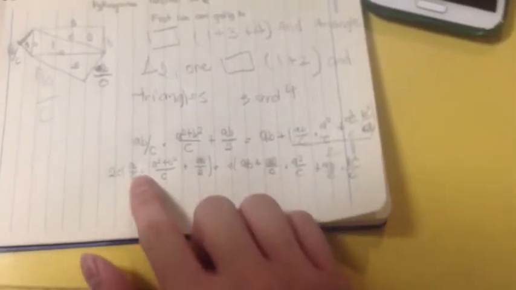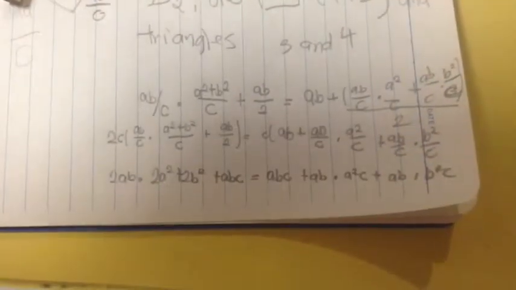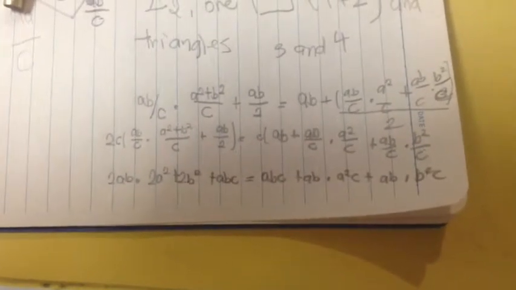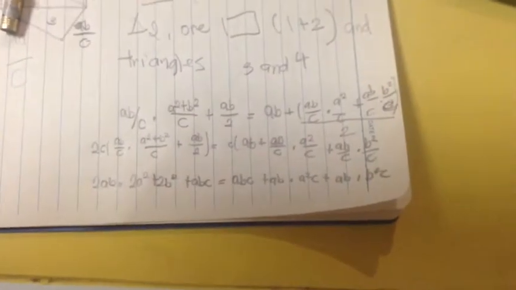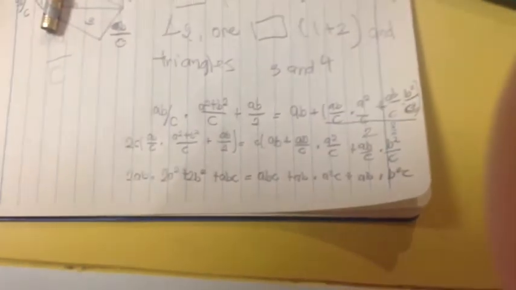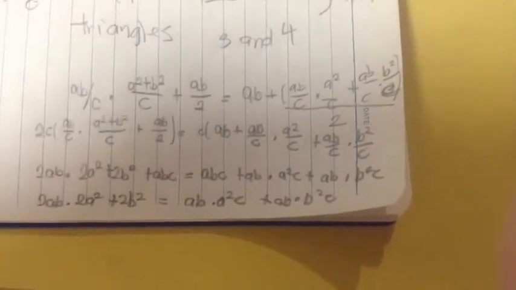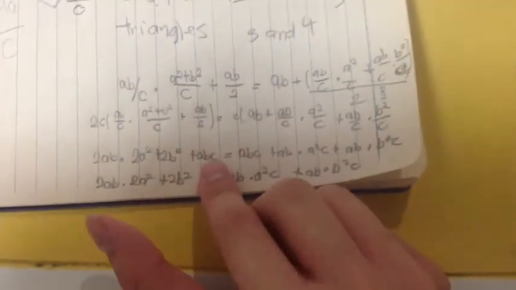Next, we multiply each side by C, which removes all the C's here, and we remove this 2, so we get the simplified expression 2AB times 2A squared plus 2B squared plus ABC equals ABC plus AB times A squared C plus AB times B squared C. However, we can still simplify it: 2AB times 2A squared plus 2B squared equals AB times A squared C plus AB times B squared C, because we subtract ABC from this side and this side, which equals 0.